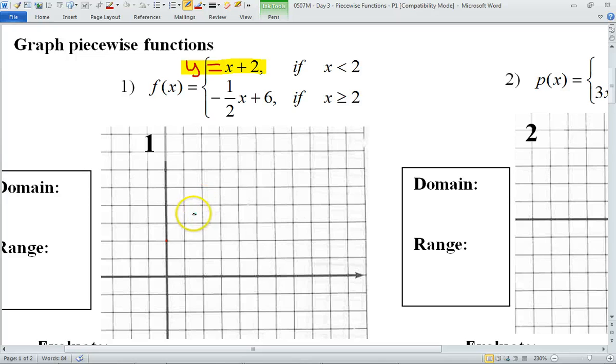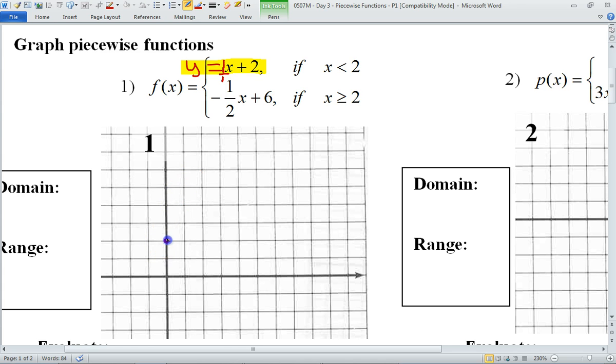So we put our first dot at 2. Where will I go from here? Up 1, over 1. Normally we look at the slope to know how much we go up and to the right. When there's no number there, that's a 1. So that x means 1 over 1 is the slope.